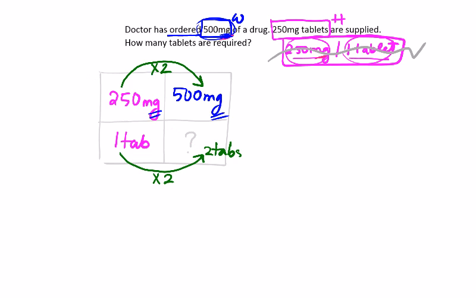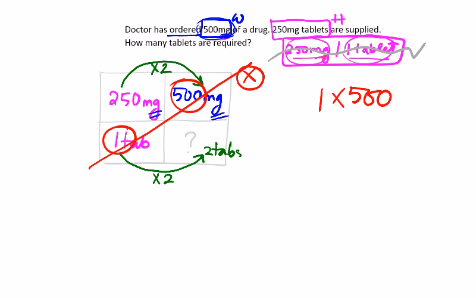The one we are interested in is the one that contains these two quantities, 1 and 500. So what we're going to do is multiply those numbers in the diagonal, 1 times 500, and divide by the third number in the box there, 250.